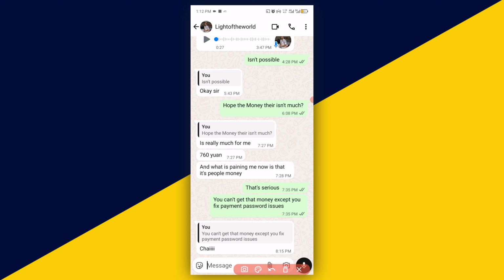So what I want to state in essence here is that whenever you are creating your Alipay account and you create your payment password, make sure you write it somewhere, in case you forget, just like what happened to this person. Because if you forget the payment password, even a reset of the payment password does not guarantee you access to the funds in the account.